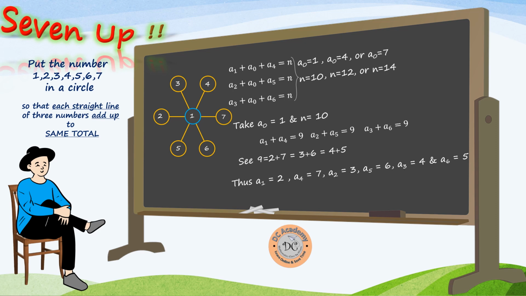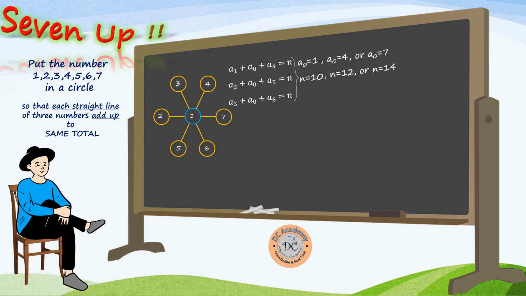Okay, so this is one option. Now there are another two options that may exist, may not exist, we don't know. So let's take a0 equal to 4 now. If we take a0 equal to 4, then we can consider that we need to find the sum of 12. So in this case, a1 a4 is 8, a2 a5 is 8, a3 a6 again is 8, and 8 can be written as a sum of two numbers as 1 plus 7, 2 plus 6 and 3 plus 5.